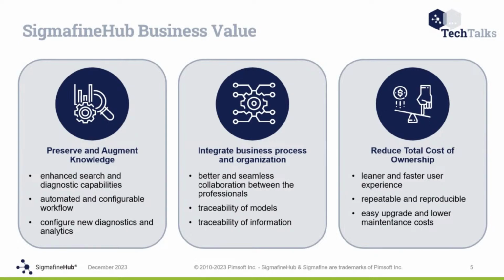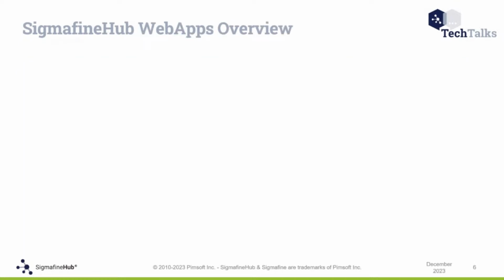So it could be quite heavy on your IT resources, and when you have problems, each workstation can generate problems. While SigmafineHub is web-based, and the only thing you need on the user workstation is a browser. Actually, we support Edge and Google Chrome.